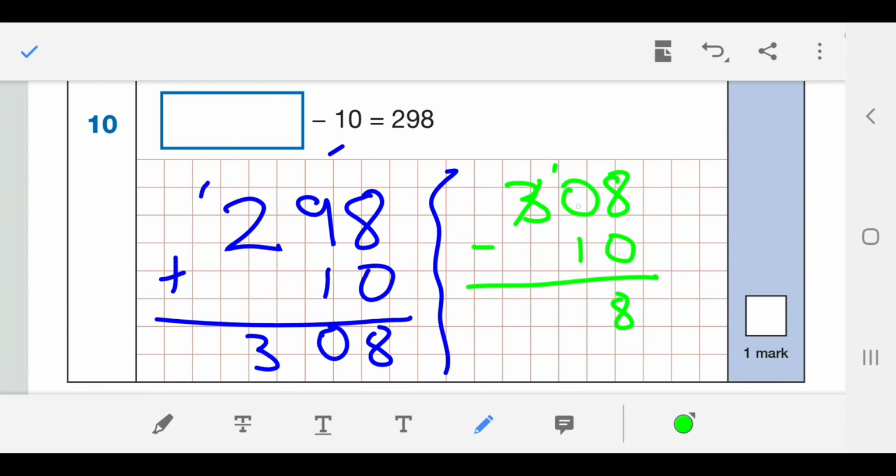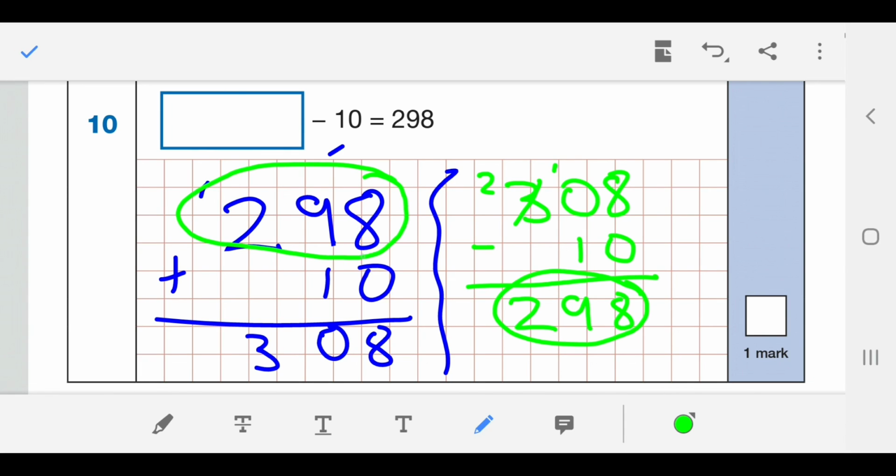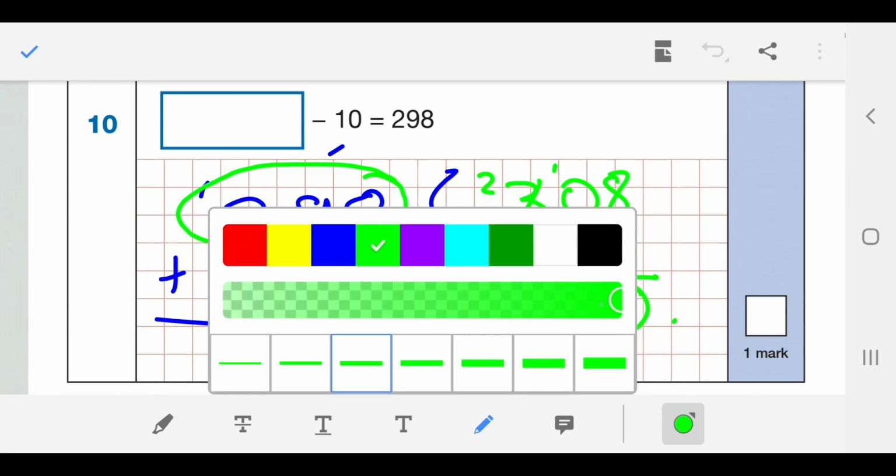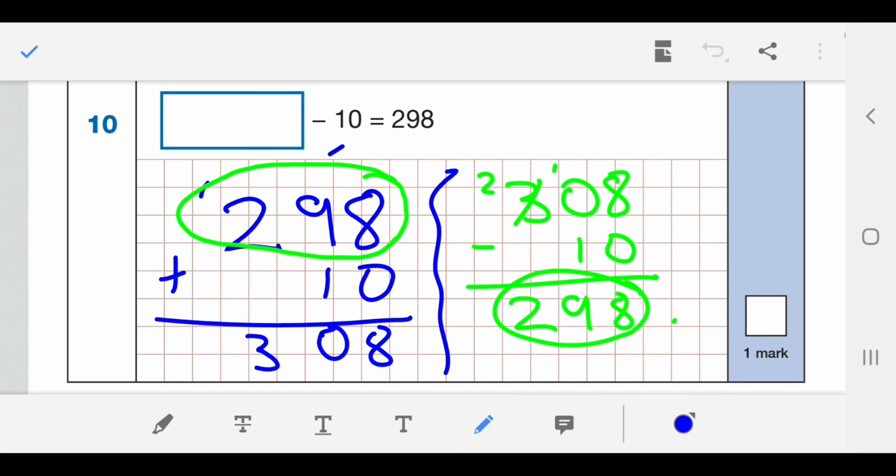That's going to make that 10. So 10 minus 1 is 9. And that was 2. So that's going to give us an answer of 298. And that's what we've got there. That's also what we've got here. So the final answer is 298.